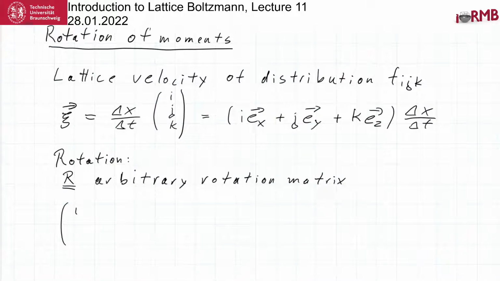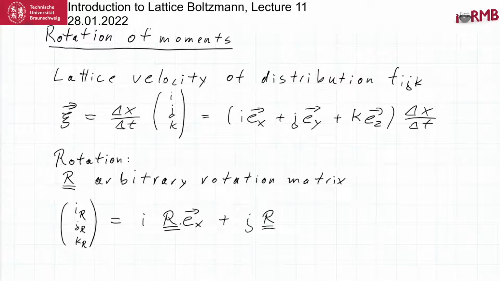And this will give us a new vector of quantum numbers, E rotated, J rotated, and K rotated, which we can compute as I times R into Ex plus, so this is a matrix vector product, J times R into Ey plus K R into Ez.